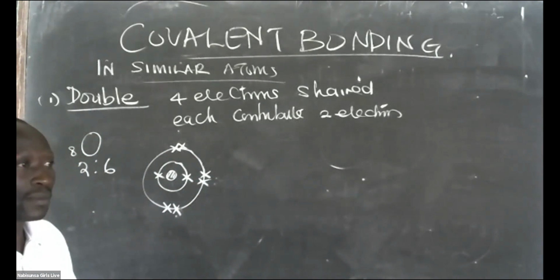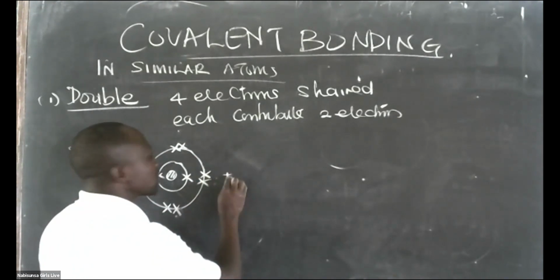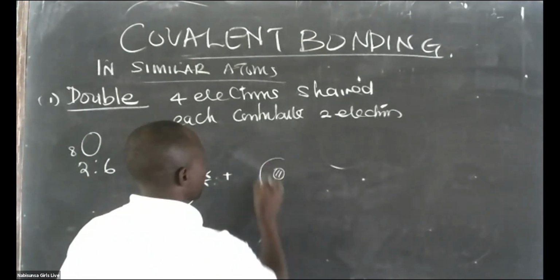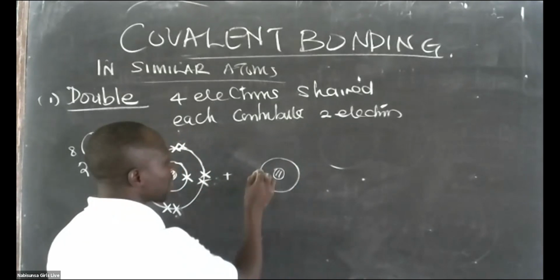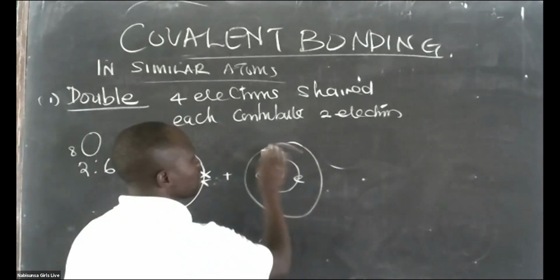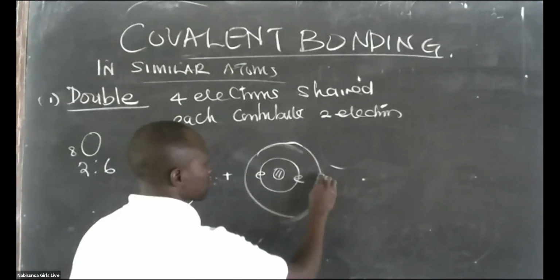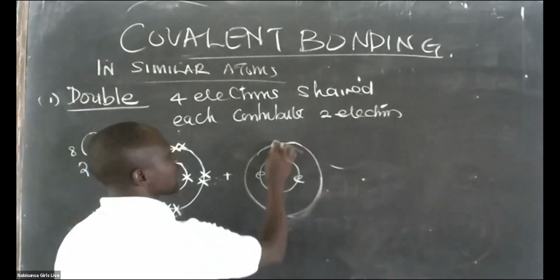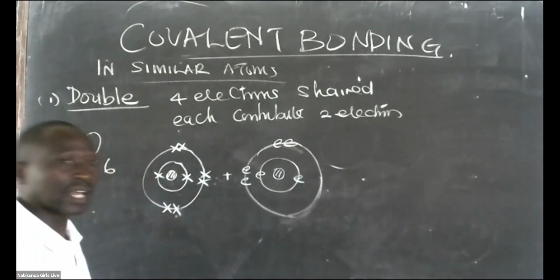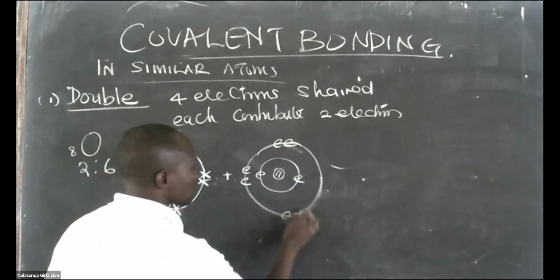So another atom comes in. How many electrons inside? 2. Outside, how many? 6. Let me put these 2 here because they want to be shared. And I put these ones here.